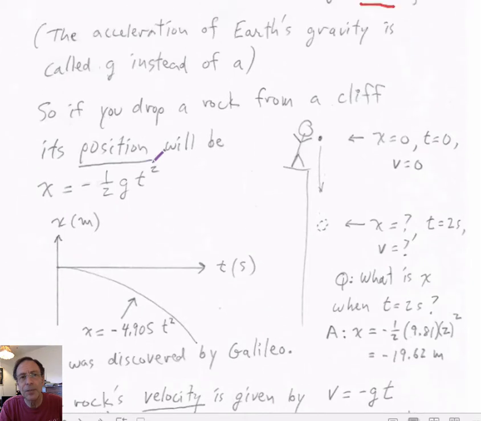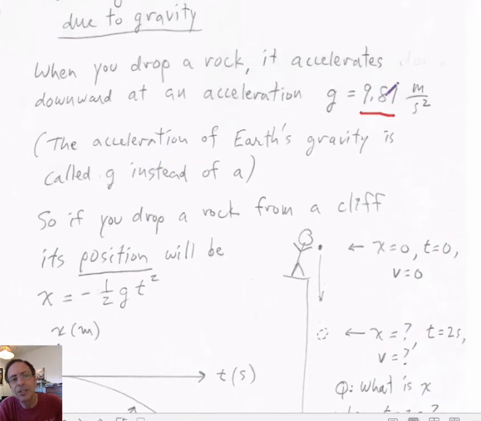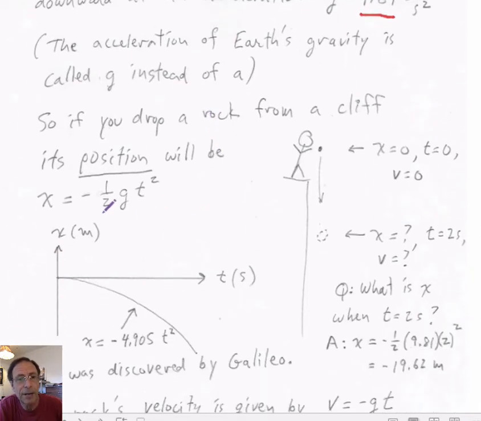So g, the convention is to say g is just a regular positive number, but since falling is a downward acceleration, we then add a negative sign later on here.